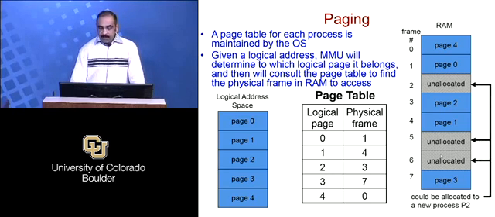Some of the page frames are currently unallocated, so if a new process comes in that needs less than or equal to 3 page frames, these 3 page frames can be allocated to that new process.